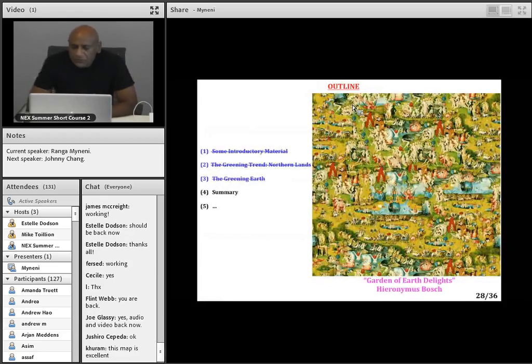I gave you an introduction and I spoke of the greening trend in the northern lands that Keeling first reported, and which is subsequently confirmed by the gradual increase in the length of the NDVI data record from Dr. Tucker. And Myneni has taken the bold step of actually trying to apply and see what is happening at the entire Earth.